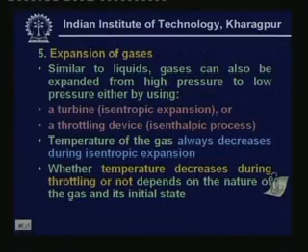Okay, the amount of reduction may not be significant, but temperature always reduces when you are throttling a liquid. But when you throttle a gas, whether the temperature decreases or not depends upon the nature of the gas and also depends upon the initial state of the gas. So you cannot say offhand that throttling of a gas always reduces the temperature. Okay, now let us look at this in some detail.